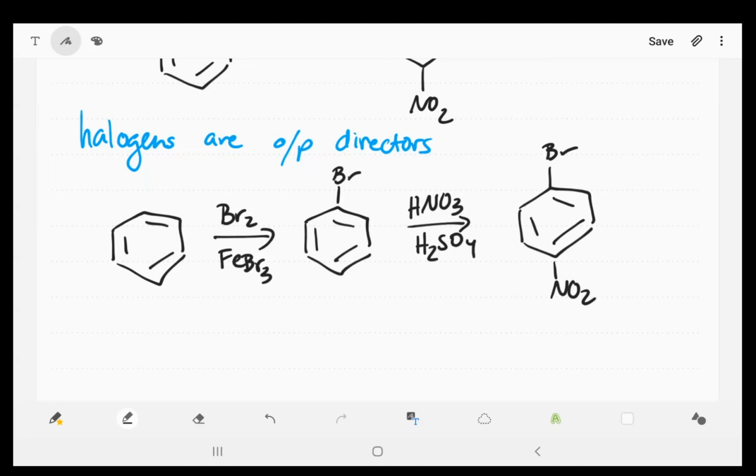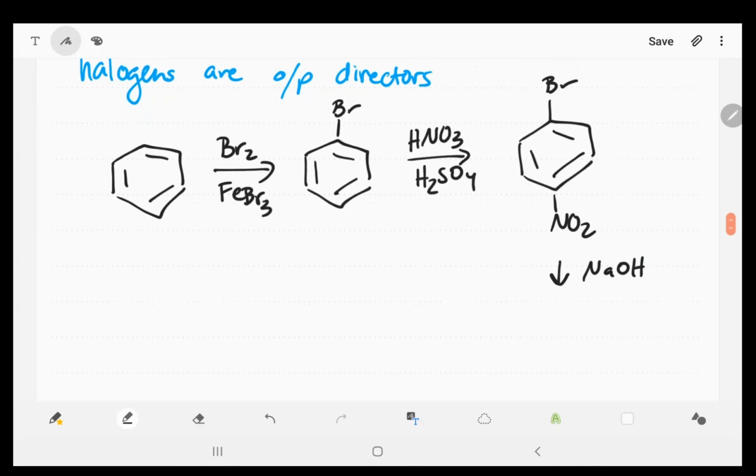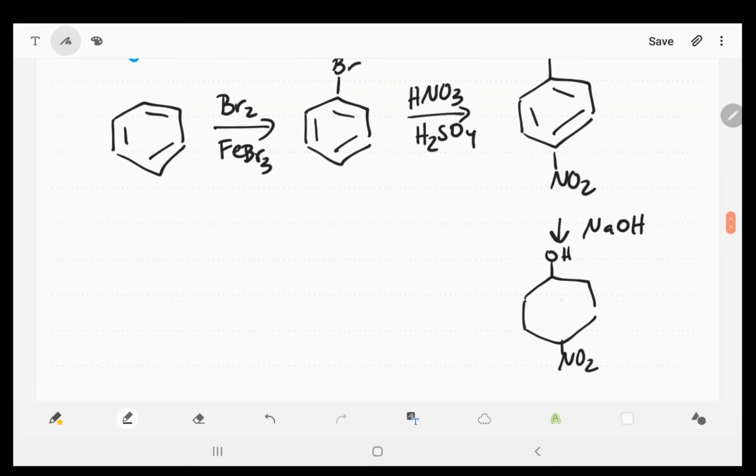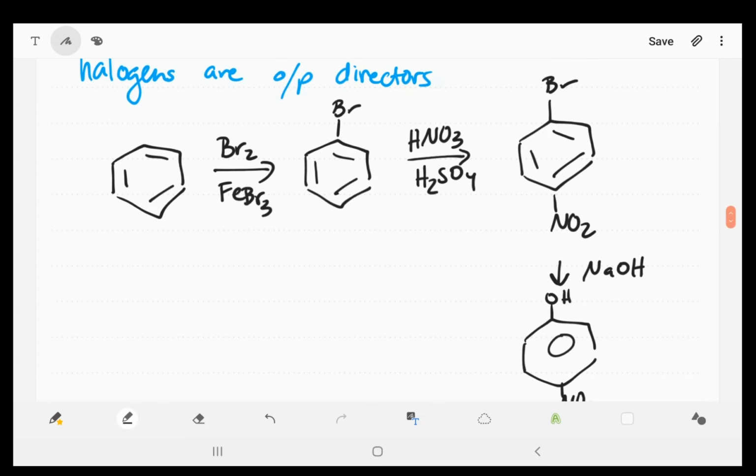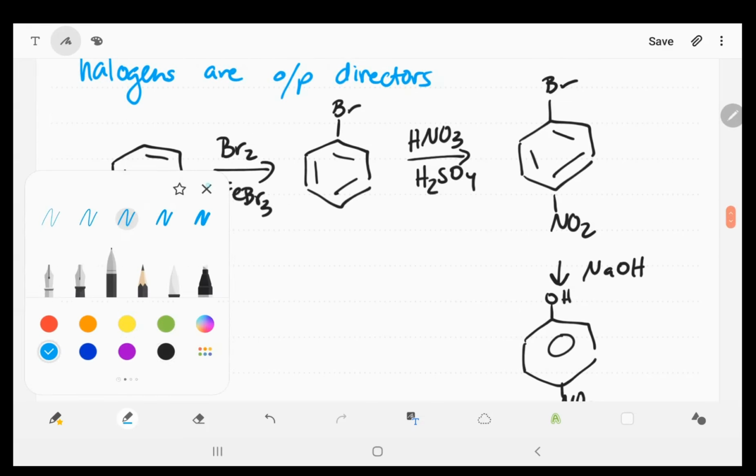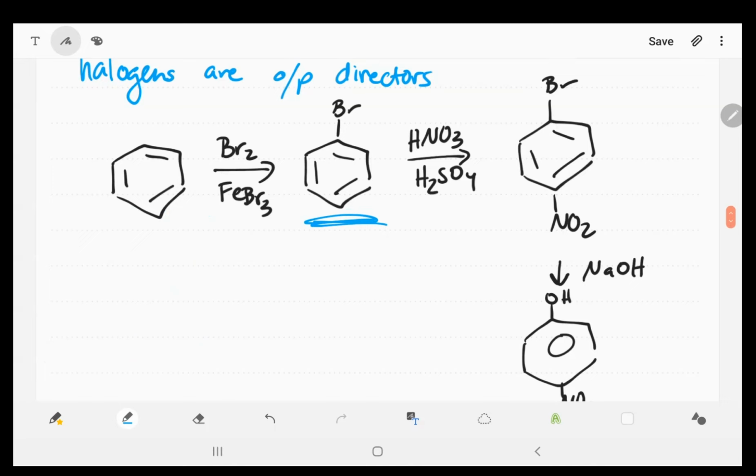And so now that we have this, we can put on our OH group. So we can kick out our bromine. We'll end up with our hydroxylated one. So we have this advantage here in that halogens are ortho-para directors.